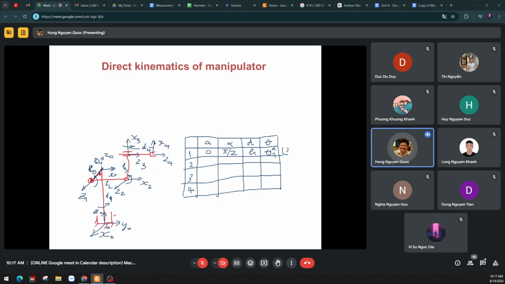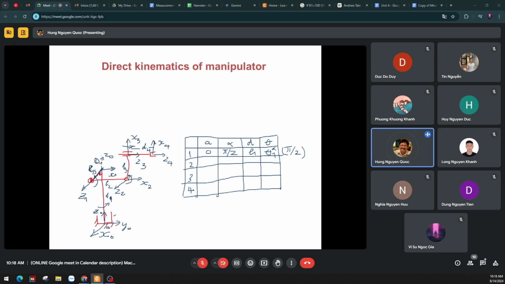Right now it is pi over 2, but maybe during the robot operation it will change, because this is variable. Okay, so please do the same with 2, 3, and 4.